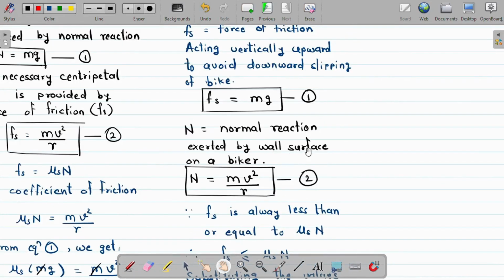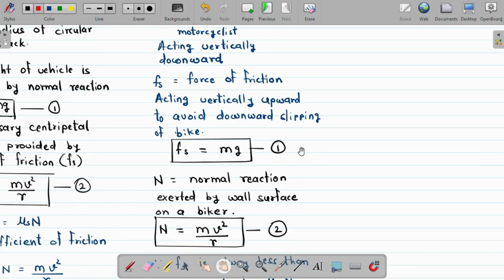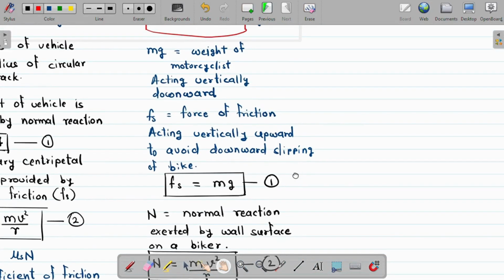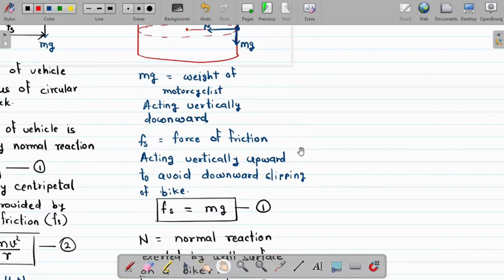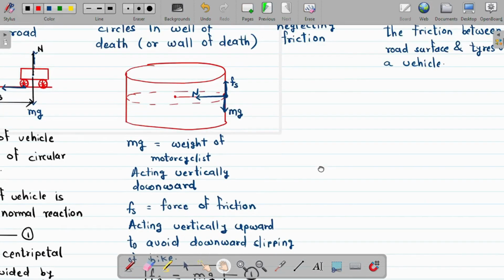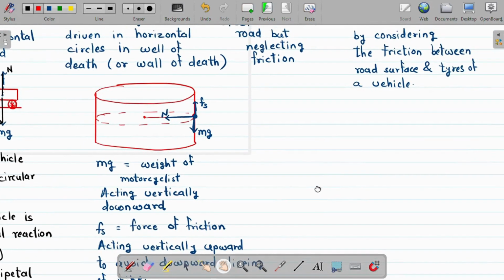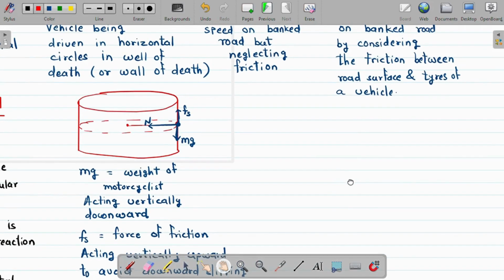Okay. Now let us do one more short derivation, which is much simpler. This is about a banked road.